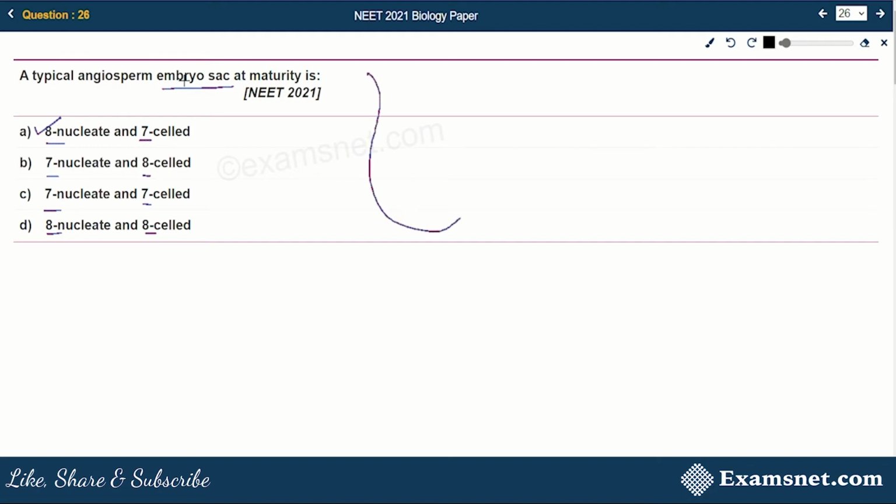We know that the ovule in a plant consists of one or two protective coverings which are known as integuments. So the outer covering is known as outer integument, whereas the inner covering is known as inner integument. Also, the ovule is attached to the placenta by means of a stalk known as funicle.